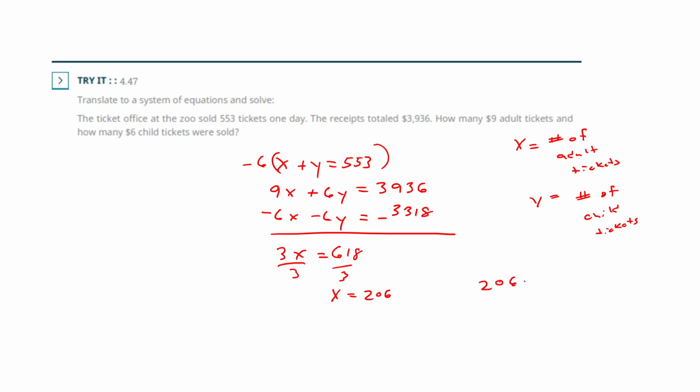I've got 206 plus y equals 553. So I get y is 553 minus 206. I get y is 347. Okay, so that's adults and that's kids.